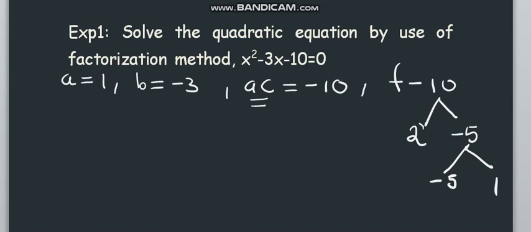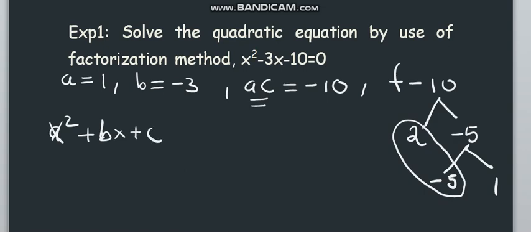Therefore we are going to express our sum in this way. Our x squared plus bx plus c, which is x squared minus 3x minus 10, is equal to 0.